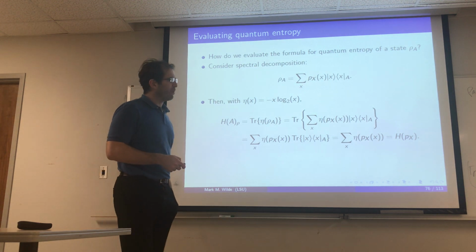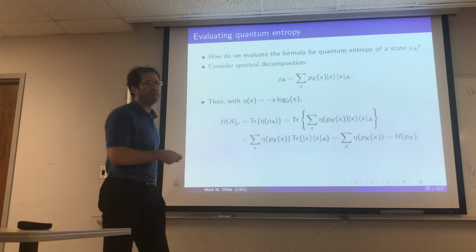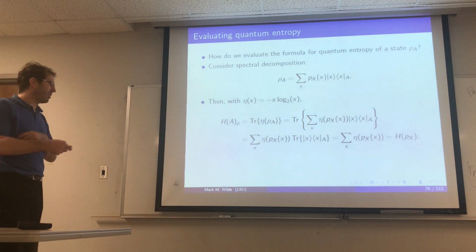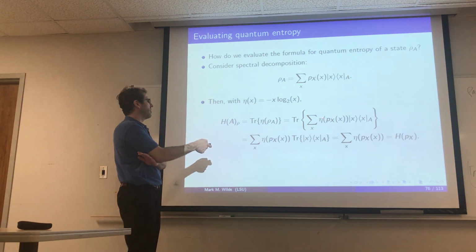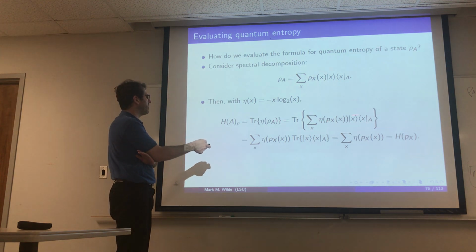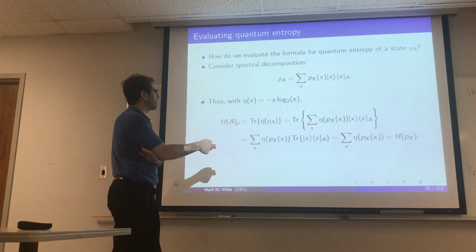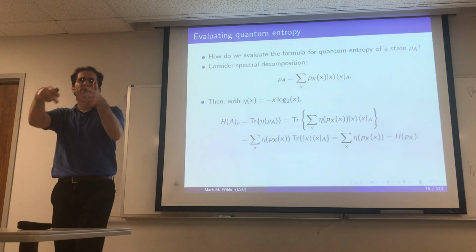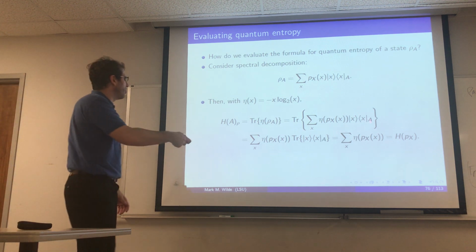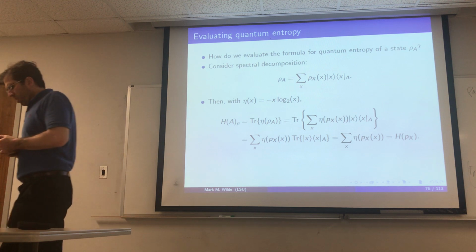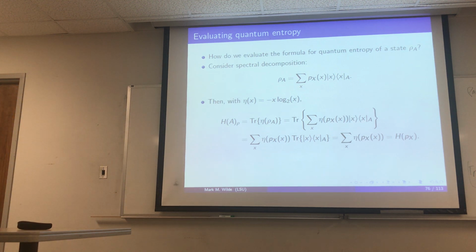This is something we skipped, in the previous slides. If you apply a function to a matrix, you do this thing from functional analysis: it's just the function applied to the eigenvalues of the matrix, and then you do the sum with the eigenvectors, and that's the function applied to the matrix. That reasoning comes from Taylor series approximations of functions.